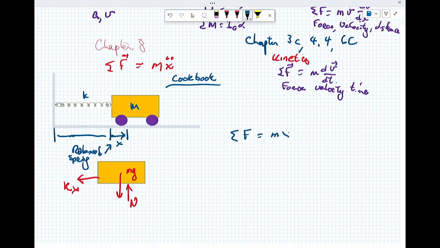My governing equation is going to look like this. In this particular case, I don't worry too much about what's happening in the y direction, which I should define, x and y. But I can see that the force in x is negative, and m x double dot.